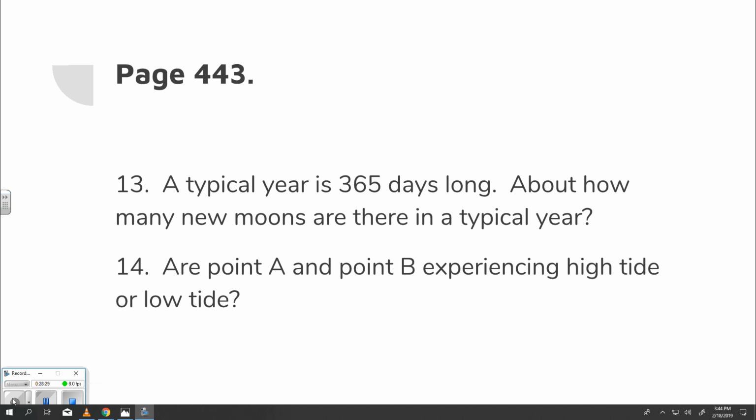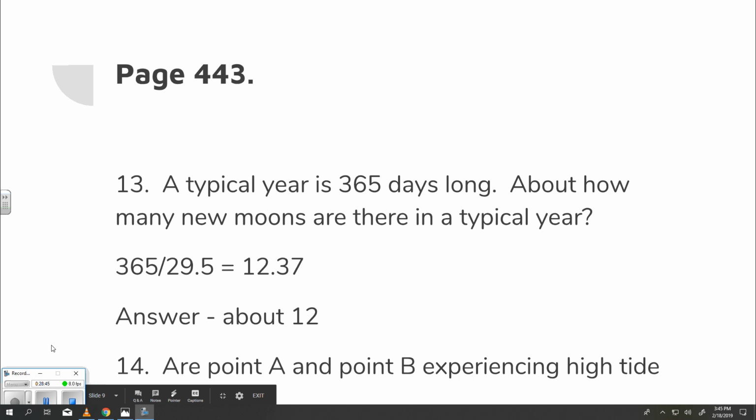Because there are 365 days in a typical year, and a moon takes 29.5 days to move through a cycle of phases, you need to do the division problem listed below. 365 days divided by 29.5 days equals 12.37. Your answer is about 12. So the answer for number 13, using the formula, should be about 12.